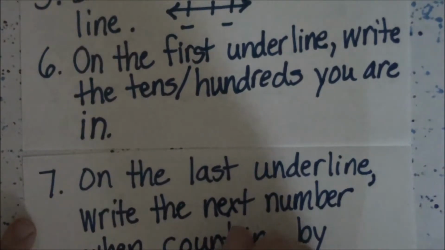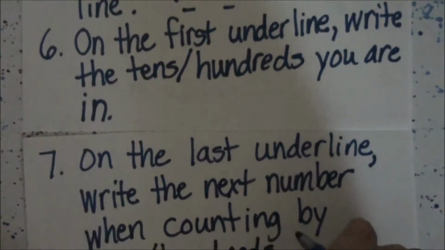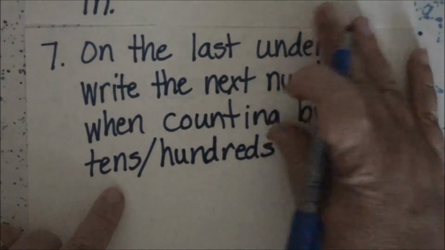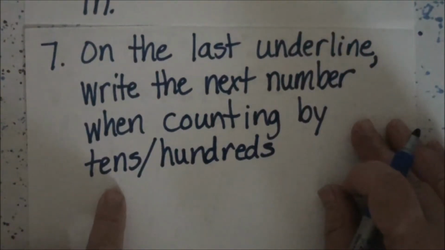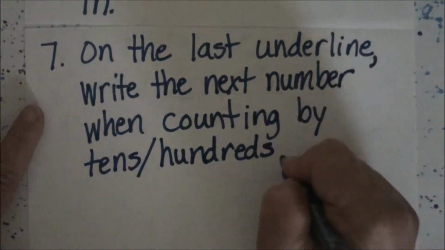Now, I don't need an apostrophe in tens and hundreds because I didn't write place after it. They're not possessive nouns right now. They're just nouns, tens or hundreds. So on the last underline, write the next number when counting by tens or hundreds.